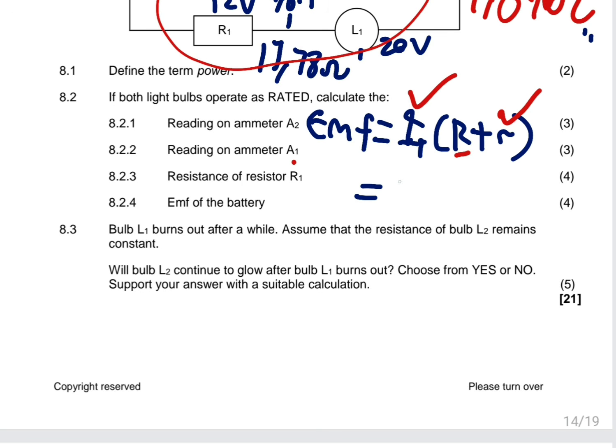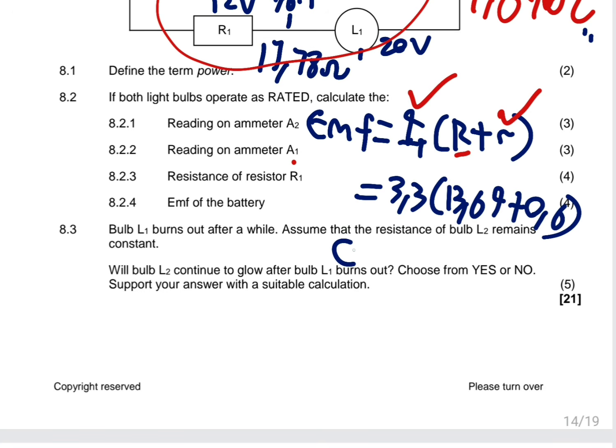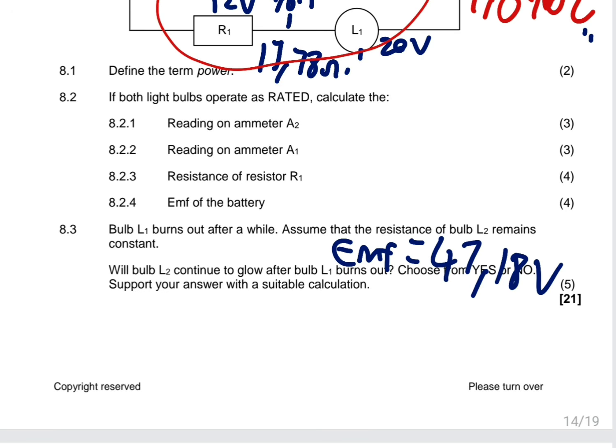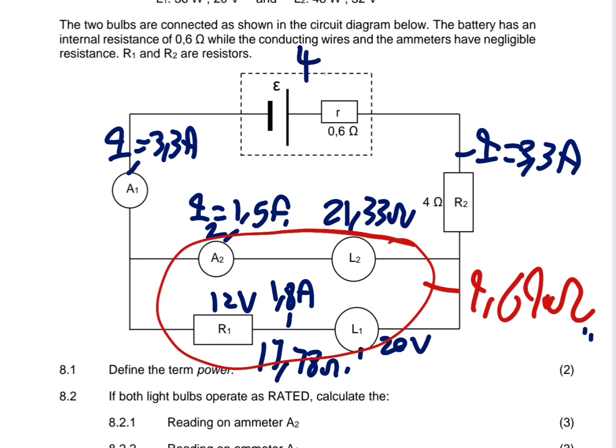EMF is equal to 3,3 times 13,69 plus 0,6, and the EMF is equal to 47.18 volts. So that is my total EMF, 47.18 volts. So I'll just write it here, 47.18 volts.